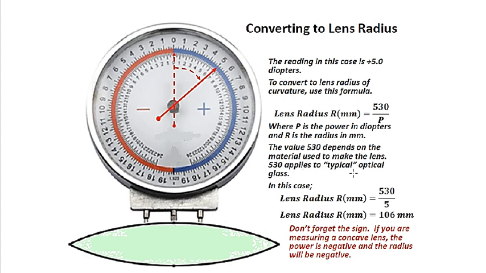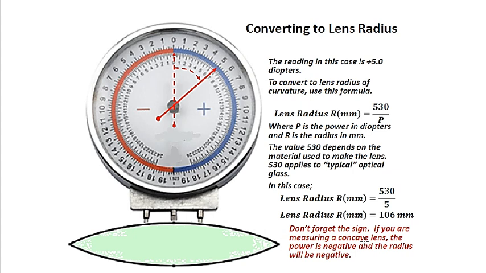In this case we use 530, the typical optical glass for this convex lens. So 530 divided by the power, which is 5, gives a radius of curvature of 106 millimeters. Make sure you don't forget the sign: our power is plus, so we put a plus here as well. So you get +106 millimeters.